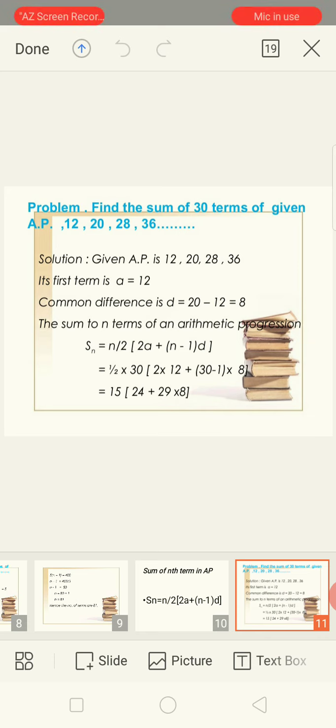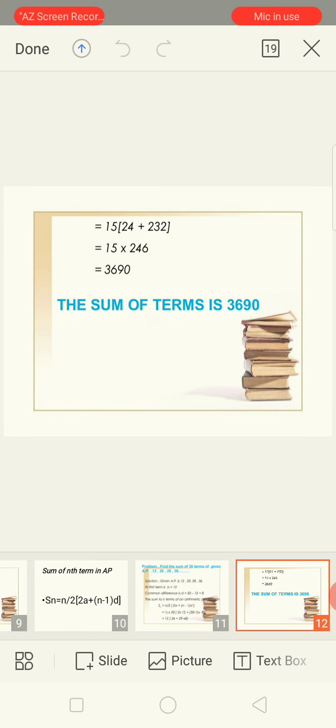Next step, 15 into 24 plus 29 into 8. Next step, 15 into 24 plus 232, 15 into 246. Answer, the sum of terms is 3690.